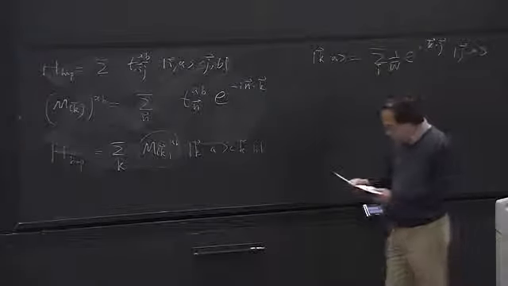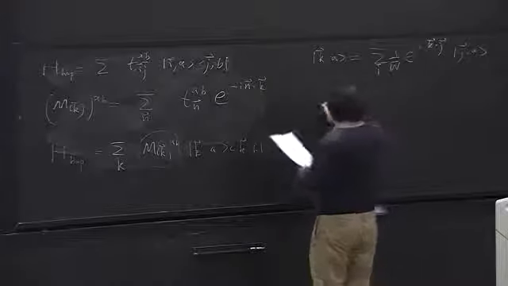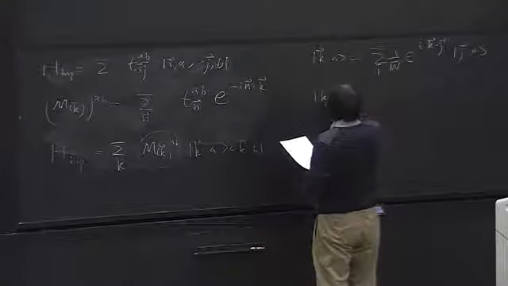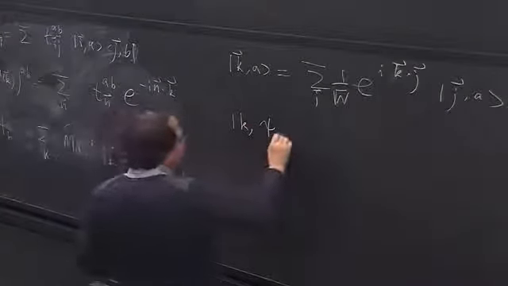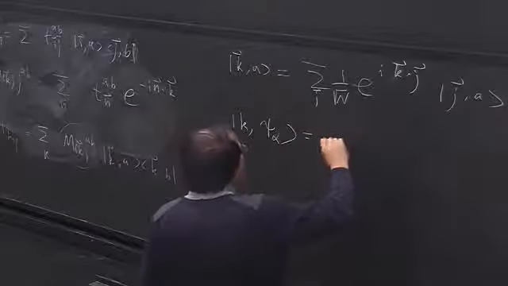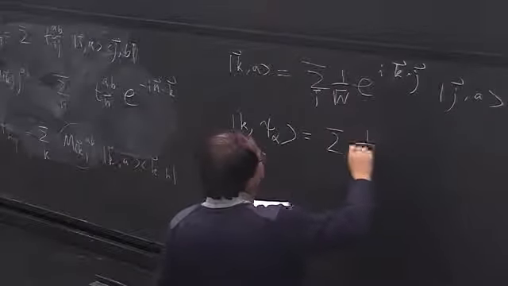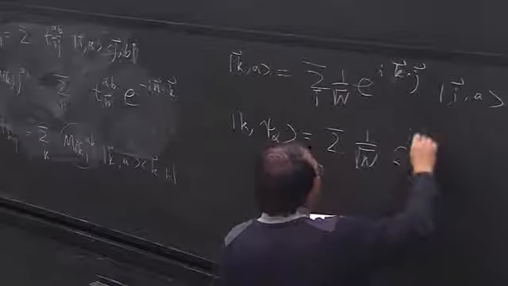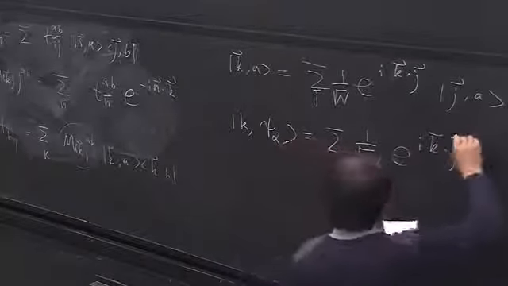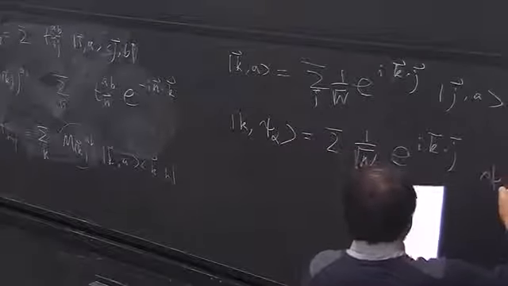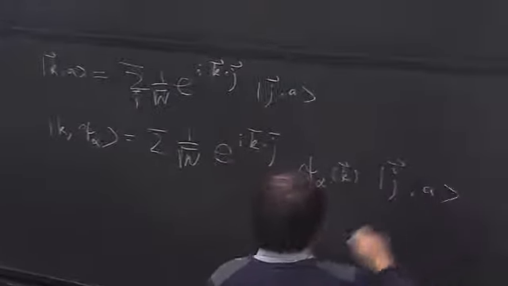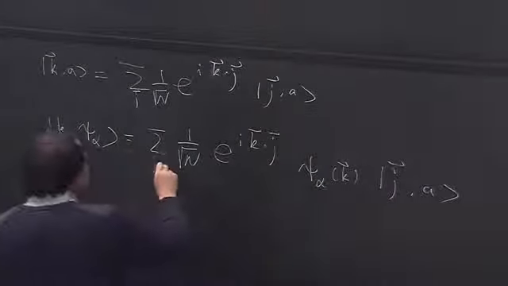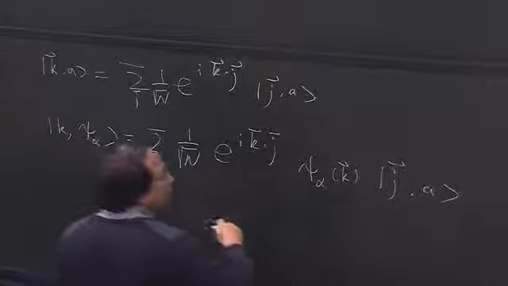Okay. And if you do that, we find that the eigenstates of this 2 by 2 Hamiltonian are labeled by k and alpha, and are given by this kind of plane wave, e to the i k j, times a wave function phi alpha k. We sum over j and A. Sorry, this is alpha.